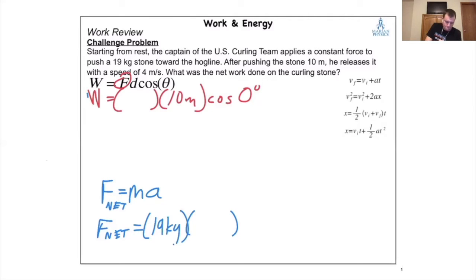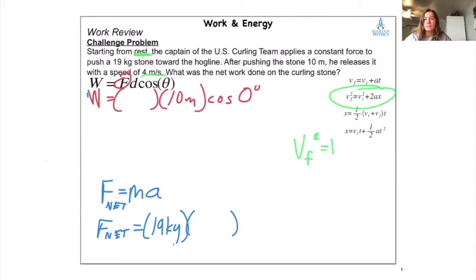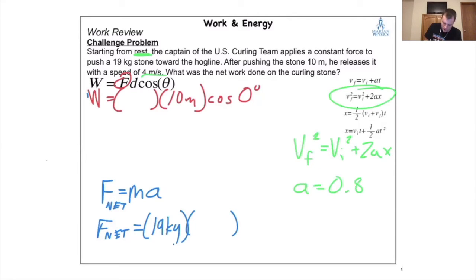So we did the VI, VF, AX. So okay. So we used the equation VF squared equals VI squared plus 2AX. And you solve that for what variable? A. Yeah, and so if you solve that for A, you get like 0.8 meters per second squared.